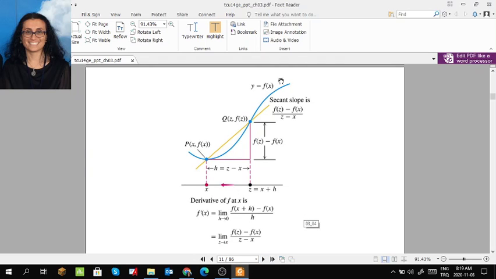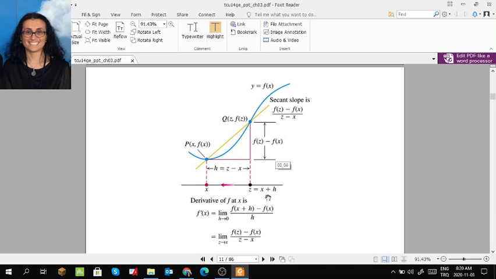If you look at this blue graph, this is the original graph of f, and then we can talk about the derivative of f at x. We want to see what this is. This is actually a graph showing f of x plus h minus f of x over h. Pictorially, that's what you would see.